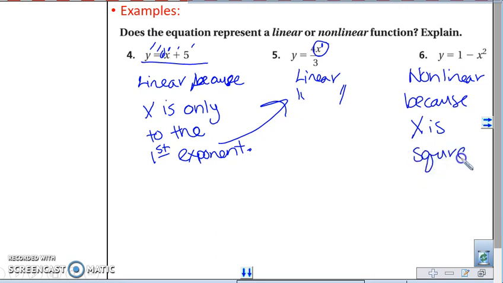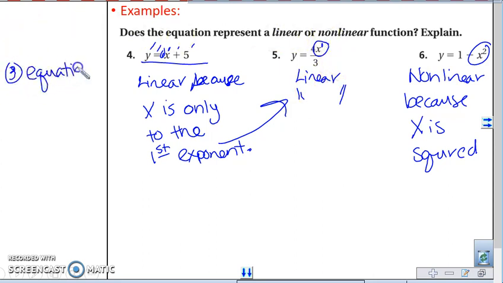Right here, x has this power of 2, so it doesn't have that first exponent. It's not linear. So our third one, equations, they need to have an exponent of 1 in order to be considered linear.